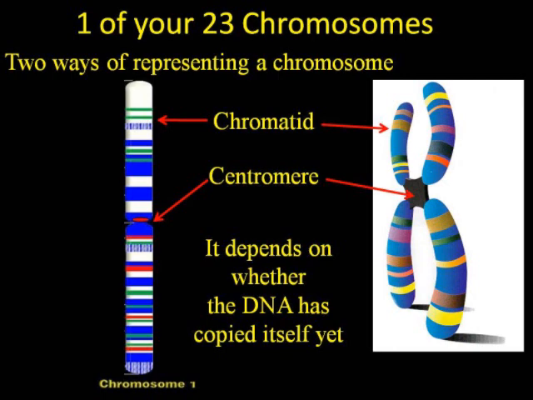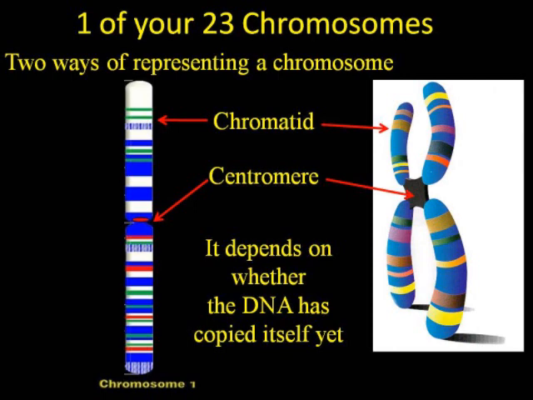You have 23 chromosomes. 23 chromosomes contain all the information needed to make an individual, and that is packaged into a sperm or an egg, which means that when a sperm and egg combine, fertilization, you have 23 packets of information from your father and 23 packets of information from your mother. So we have 23 pairs of chromosomes, and the cell picks which genes from which chromosomes it's actually going to use.